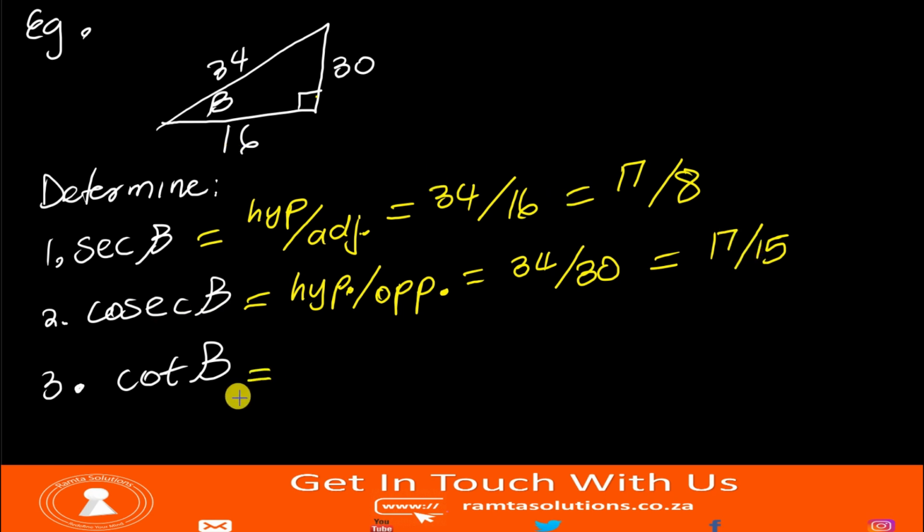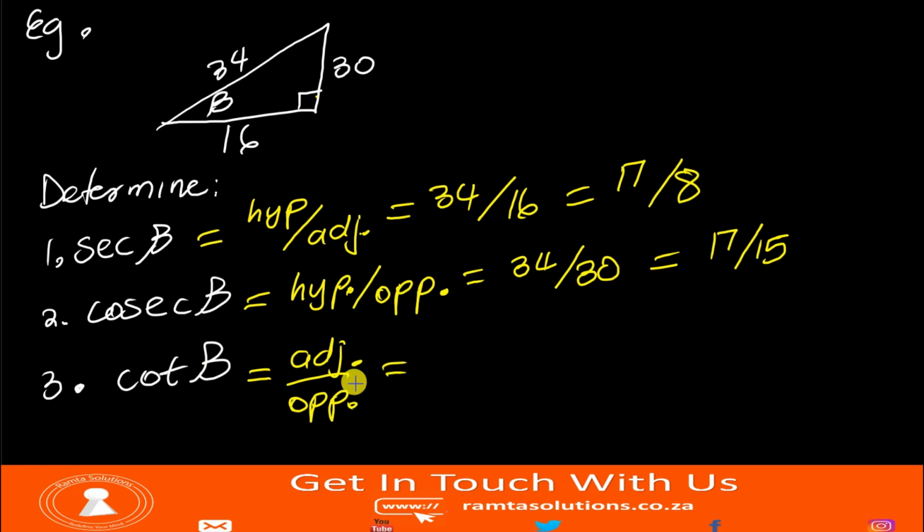Lastly, let's look at cot beta, or cotangent beta. Cot beta is the reciprocal of tangent. Tangent is opposite over adjacent, so its reciprocal will be adjacent over opposite.